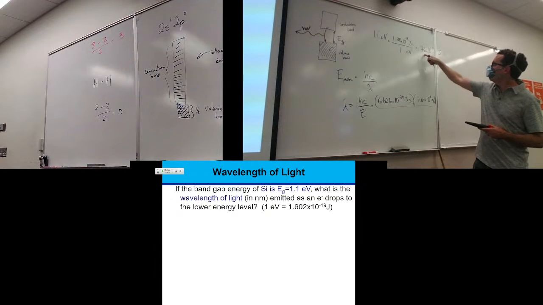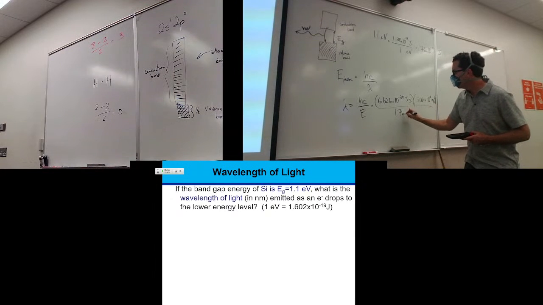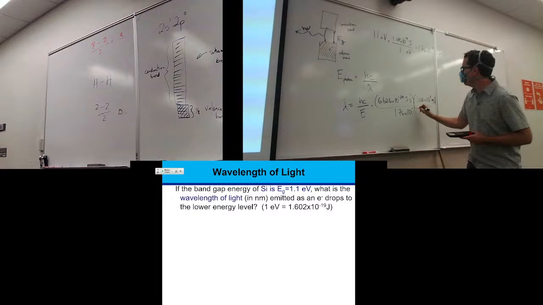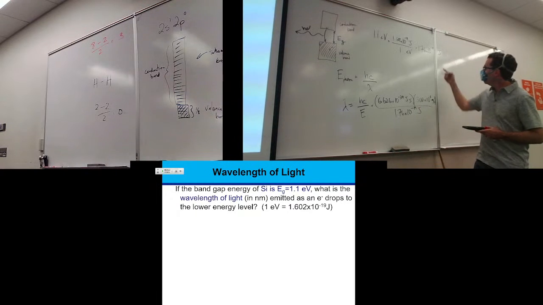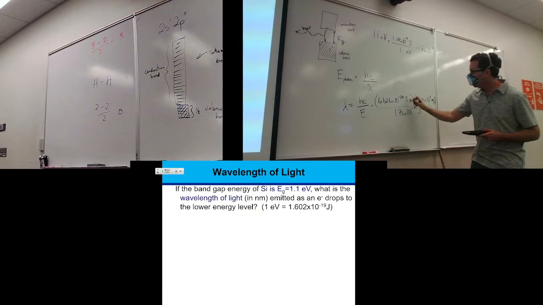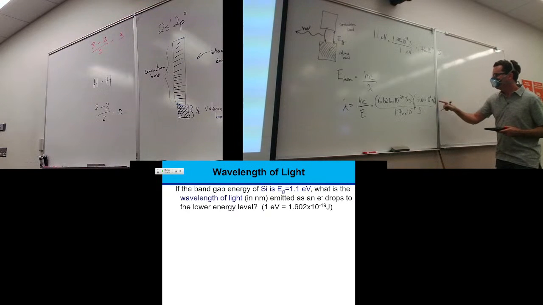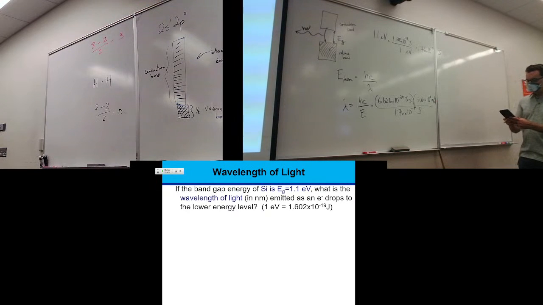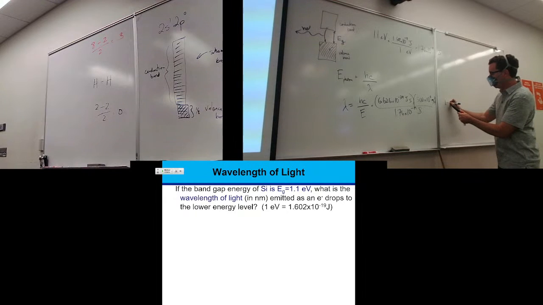Energy is going to be 1.76 times 10 to the minus 19 joules. And that's when we converted to joules. So this joule and this joule will cancel, and we're left with meters. 6.626 times 10 to the minus 34, times 3 times 10 to the 8, divided by that original number. I get 1.1 times 10 to the minus 6 meters.